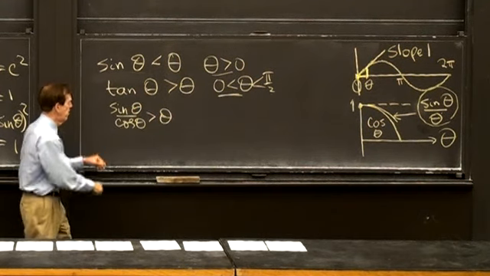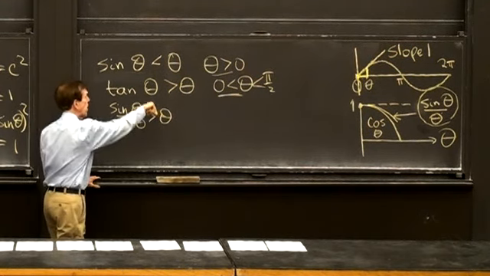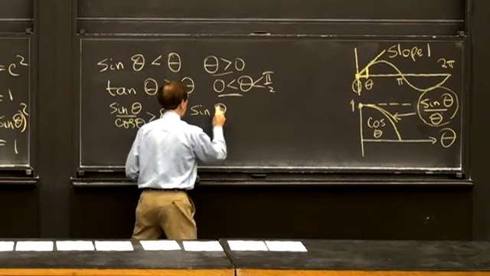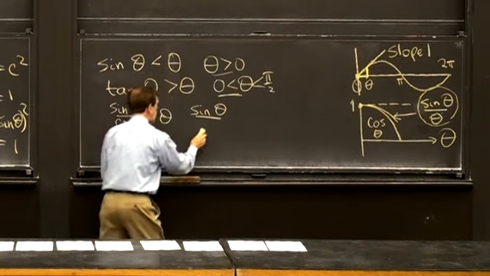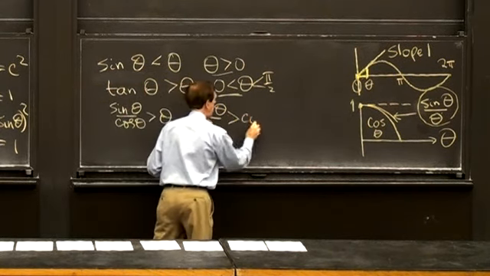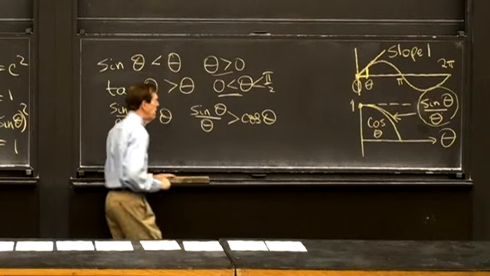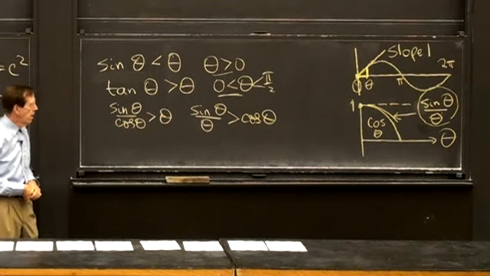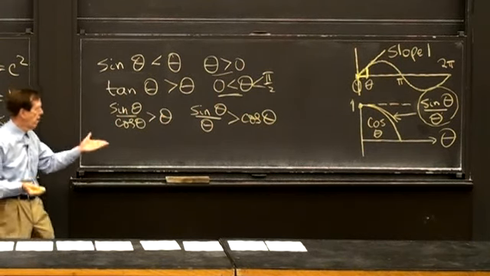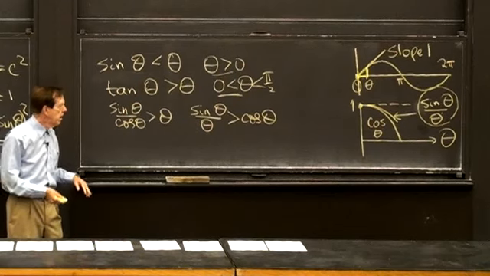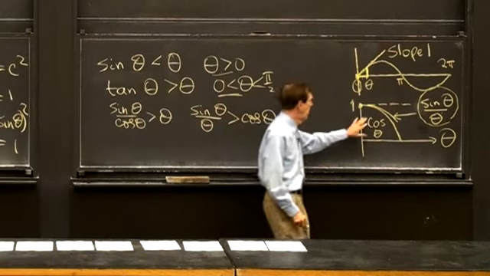And now I want to bring the theta down and move the cosine up, and that will tell me that sine theta, when I divide by theta and multiply by cosine theta, that's what I want. That tells me that this ratio is above the cosine curve.